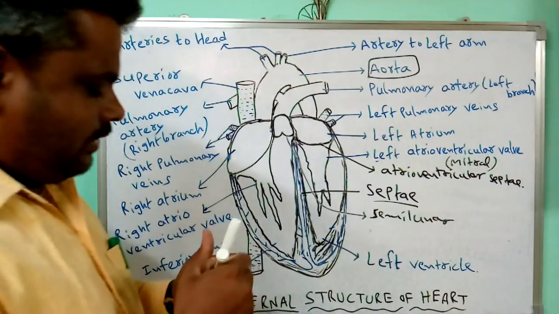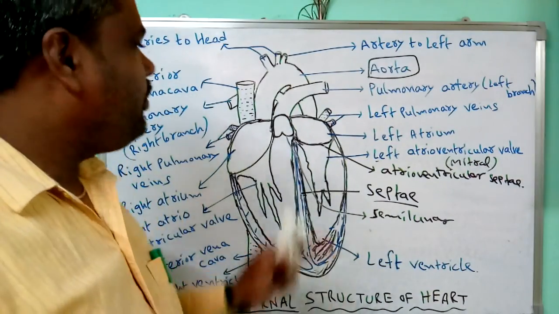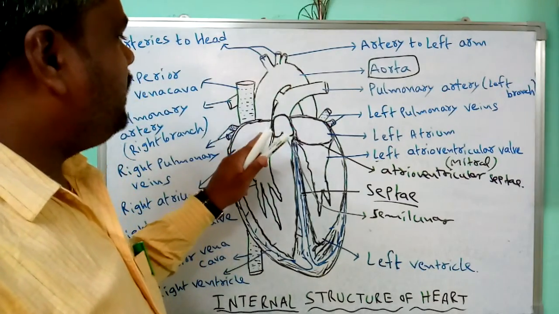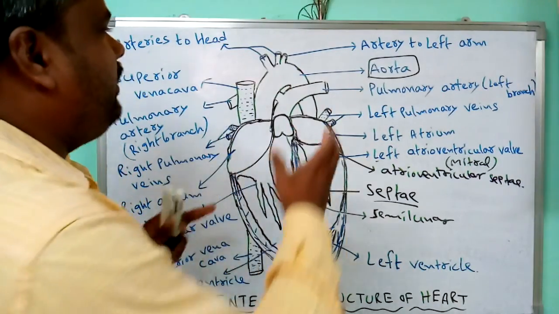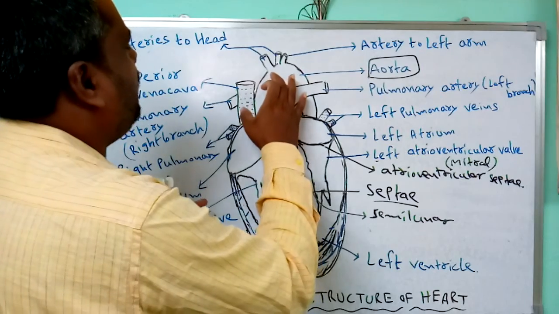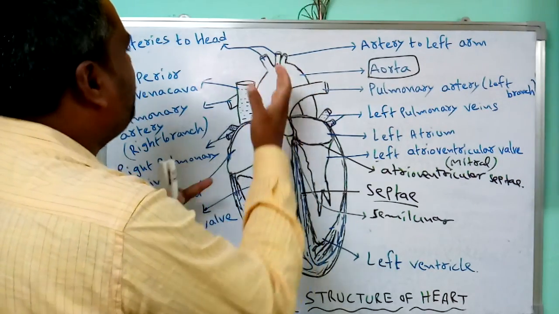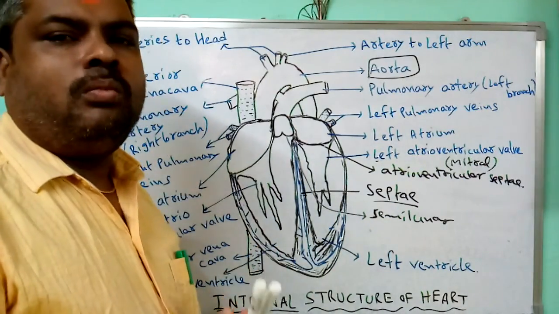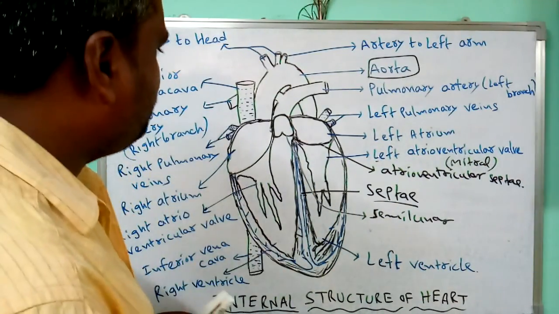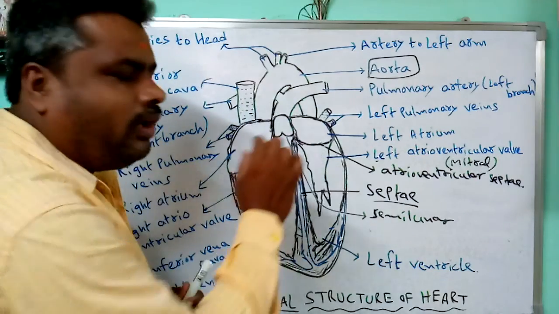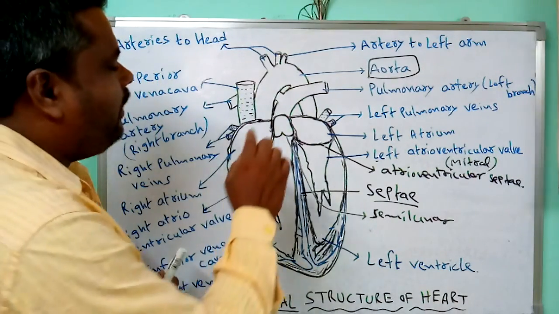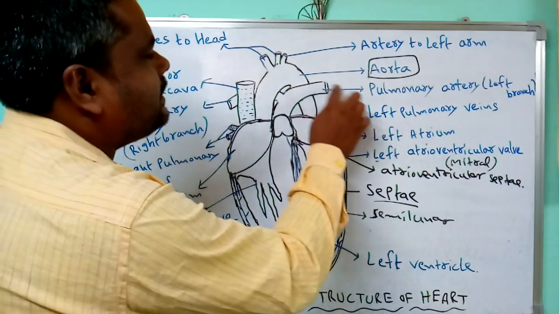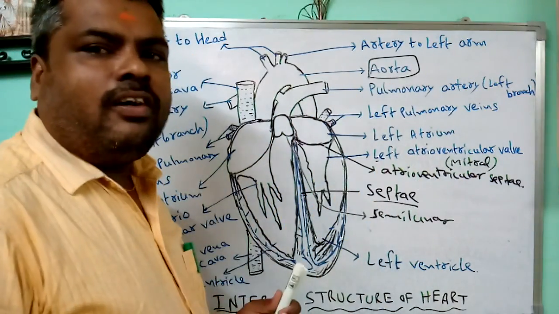It is the largest artery in the body. This aorta is again divided into small branches which carry blood from the heart to all parts of the body. Next, another rigid artery arises from the right ventricle, commonly called the pulmonary artery.